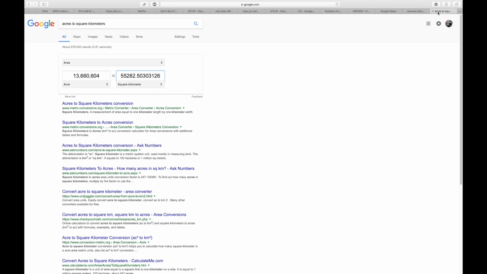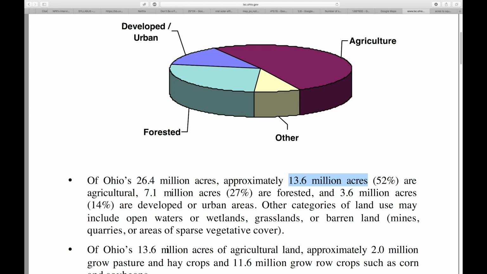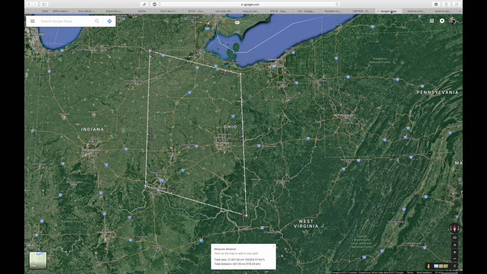You can also look up a couple other areas, developed land, forested land, to see how the amount of solar would compare to other large users of land in your state.